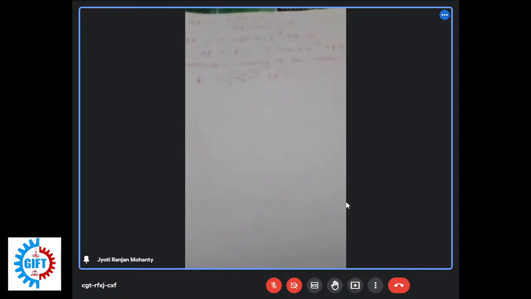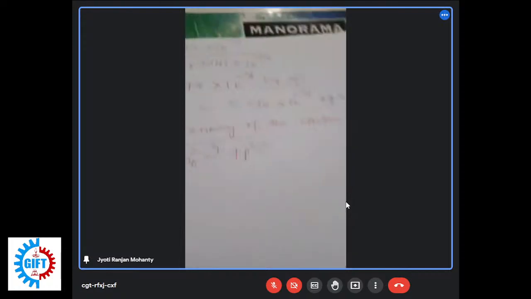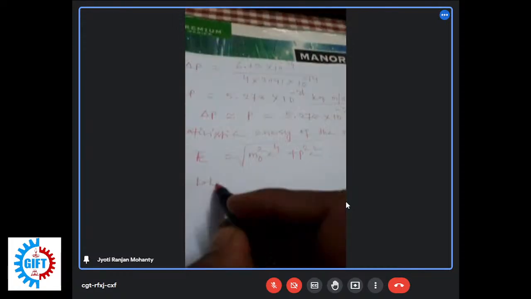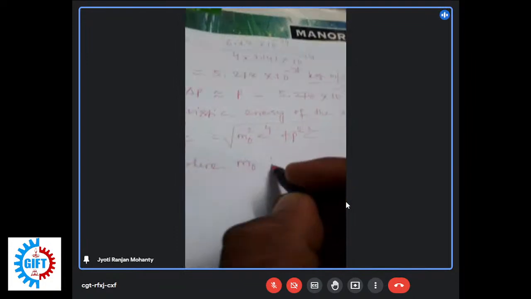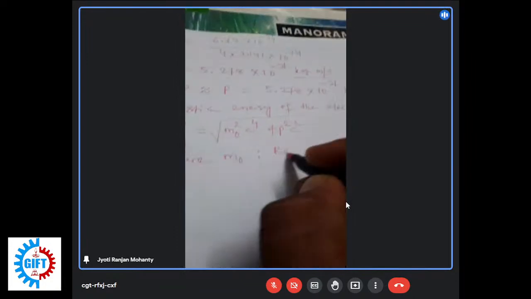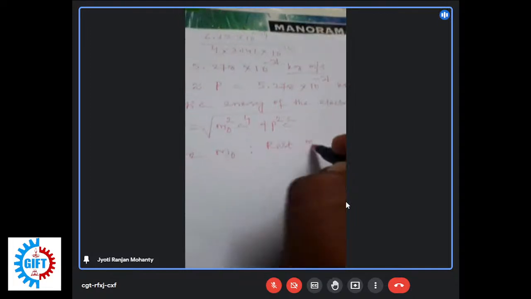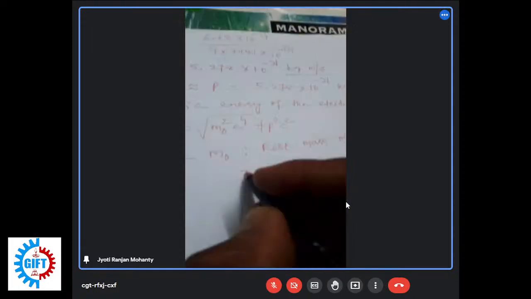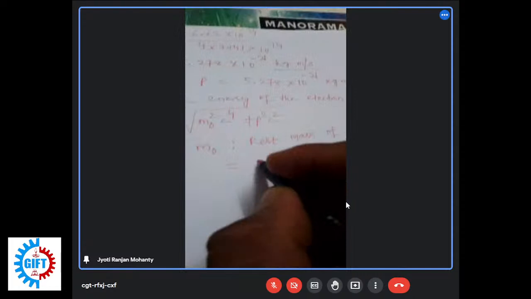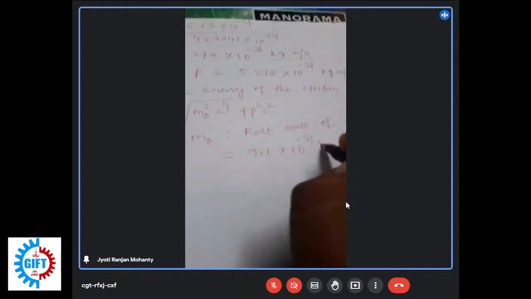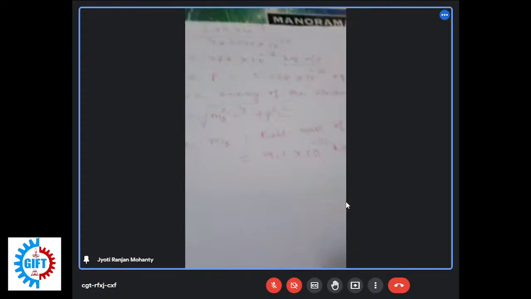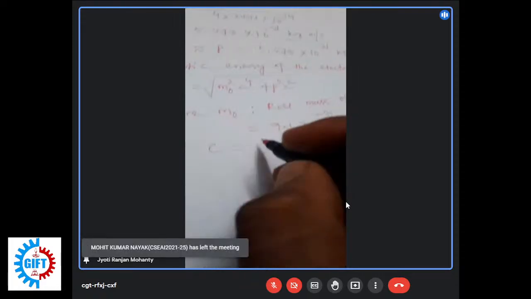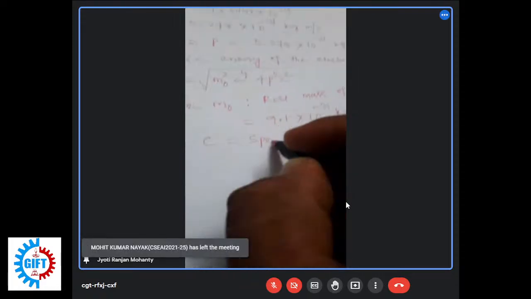But here the relativistic energy is this, where m0, many times I told you, is nothing but the rest mass of the electron, which is equal to 9.1 into 10 to the power minus 31 kg. Okay. C, what is C?